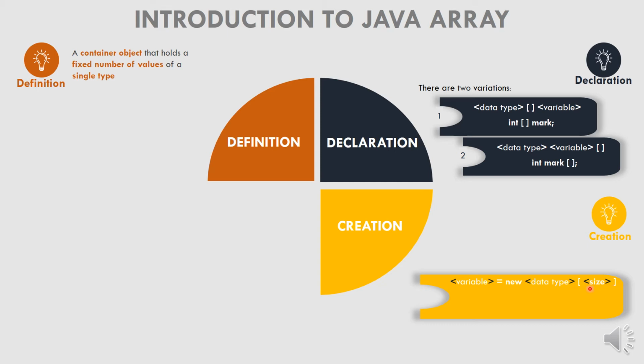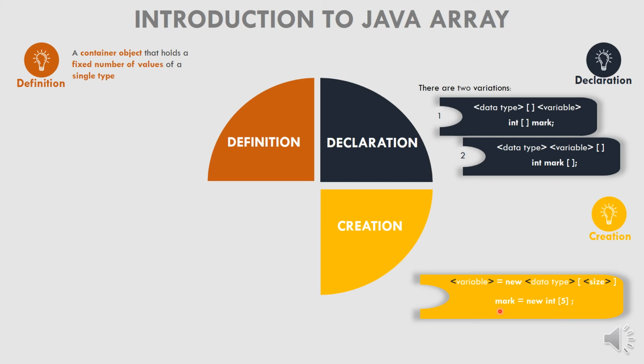Inside the brackets, you should specify how many elements can be stored for an array. By providing the number, the compiler can register the size or the length of the array.